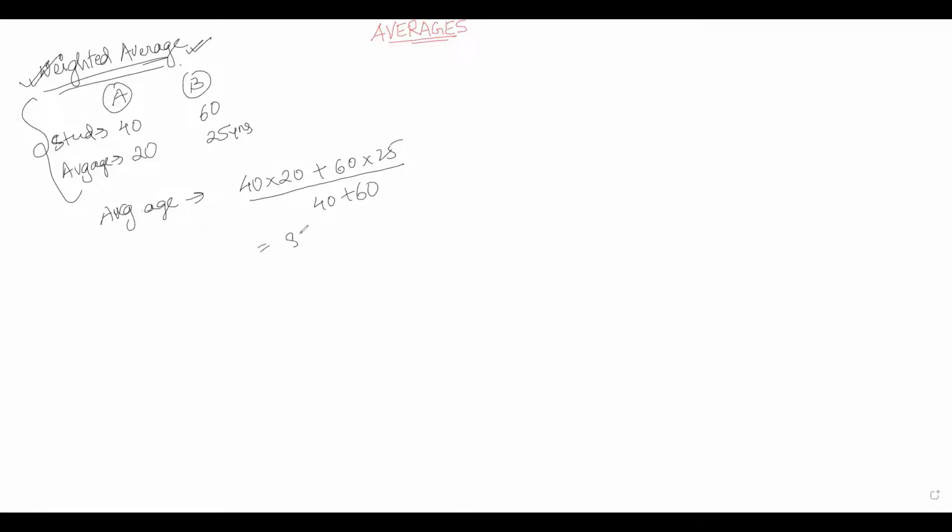So if you calculate this, this would be 800, and this would be 1500 upon 100. So this would be 2300 upon 100, which would be 23. So that means the average age of the entire class would be 23 years. So in such kind of cases, we can use the concept of weighted average.